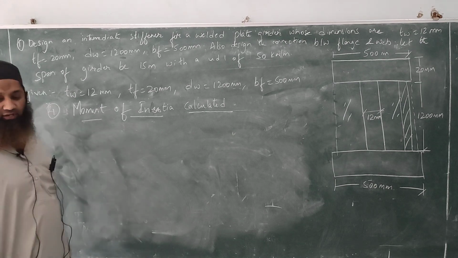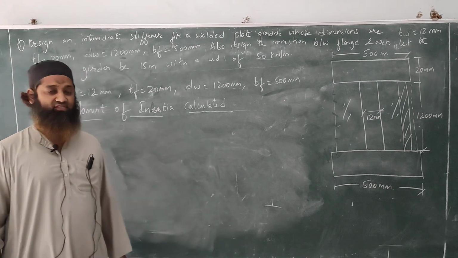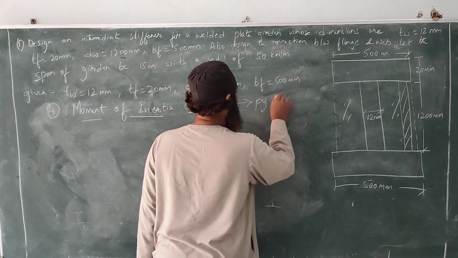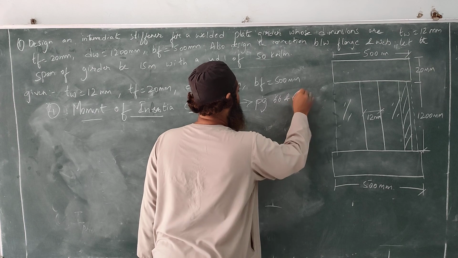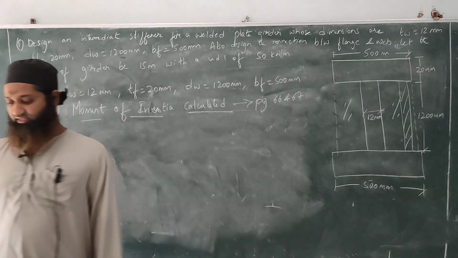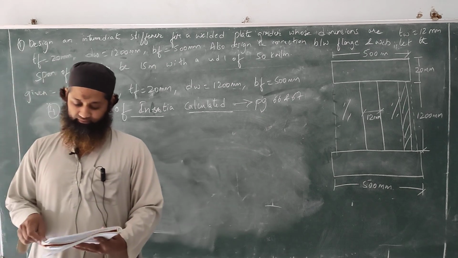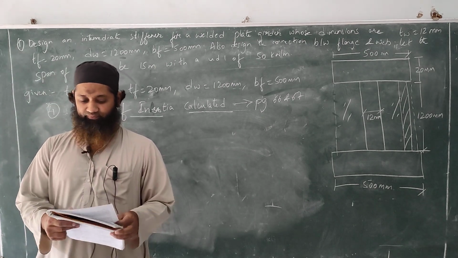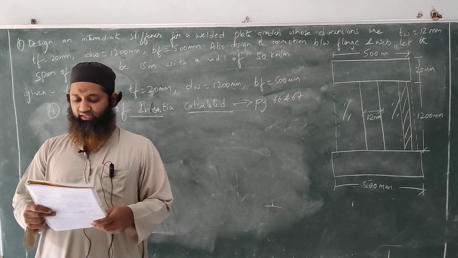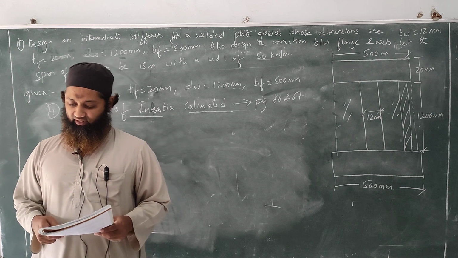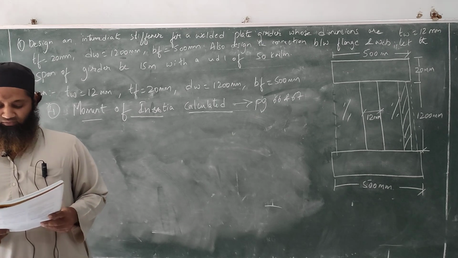Moment of inertia calculated, we'll just check this here, pages 66 and 67. There is a clause given here. I'll just read it out to you. In pages 66 and 67 we have two clauses. What is the moment of inertia?